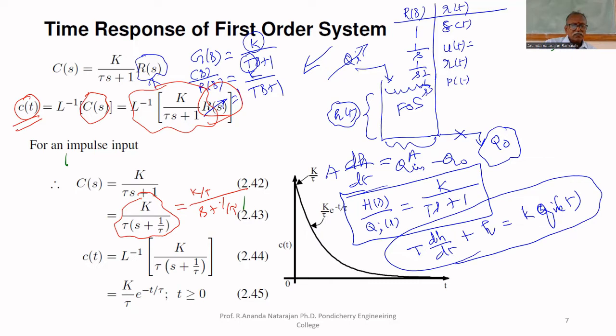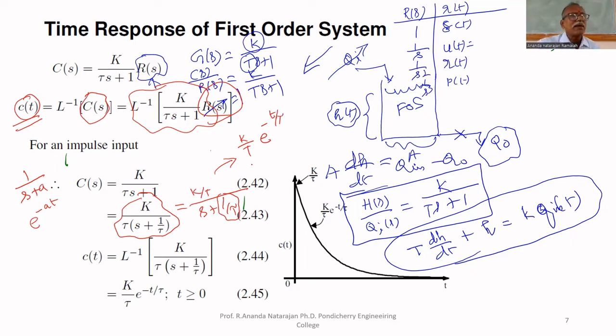If you take the Laplace inverse, K by tau is a constant, times 1 upon s plus a. What is the Laplace inverse of 1 upon s plus a? It is e power minus at. Here, instead of a, we have 1 by tau. Therefore, you will get e power minus t by tau.